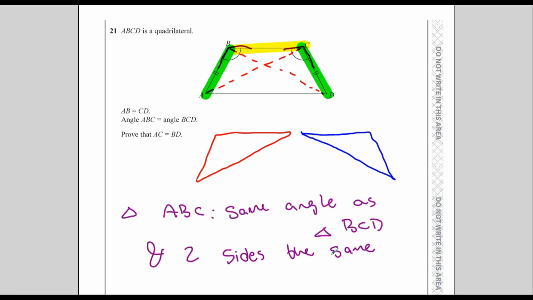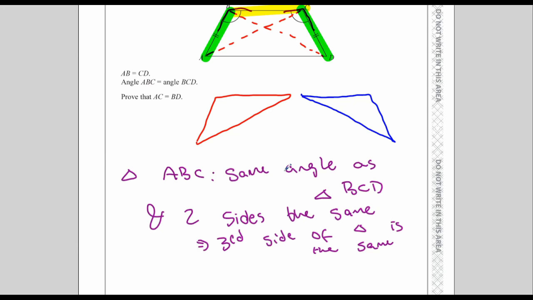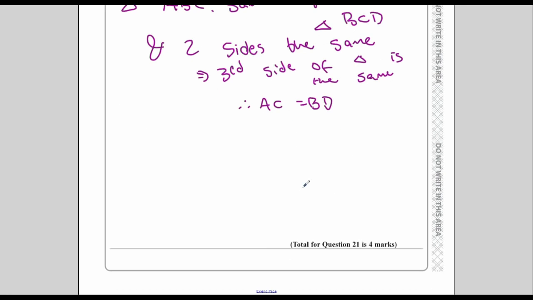This means the third side of the triangle is the same. Therefore, AC equals BD. These two must be the same because the triangles are the same, because they've shared an angle and got two lengths the same. And that is one of the conditions for triangles to be the same.